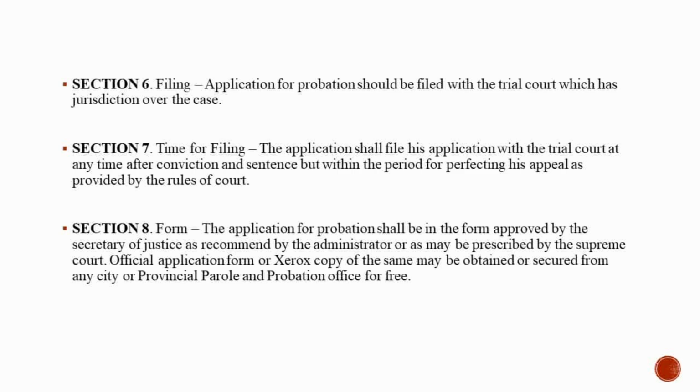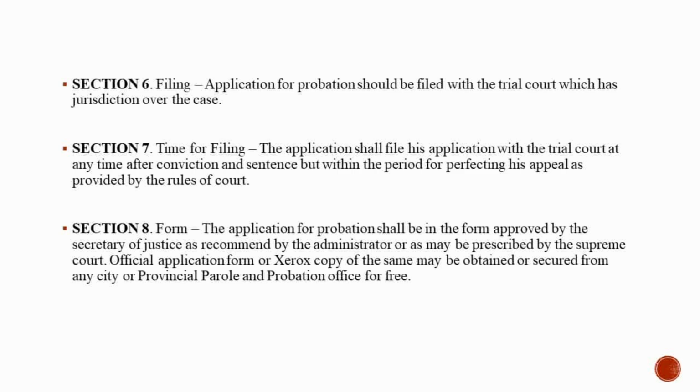So the probationer may file the application only after they have been found guilty and sentenced, but they must do it within the time limit allowed for filing an appeal under the Rules of Court. So it cannot be filed before conviction, and it cannot be filed once the appeal period has passed.